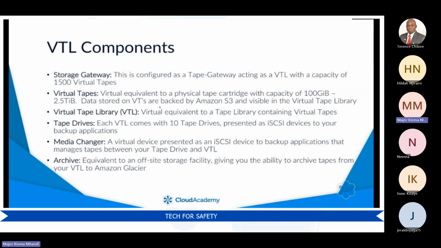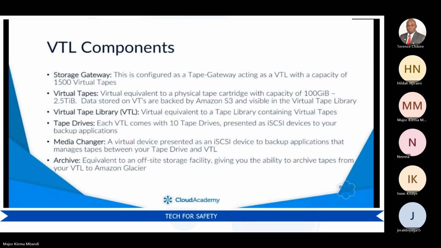Data stored on VTL are backed by Amazon S3 and visible on the virtual tape library. VTL is the virtual equivalent to a tape library containing virtual tapes. Tape drives: each VTL comes with 10 tape drives presenting as SCSI devices to your backup applications.